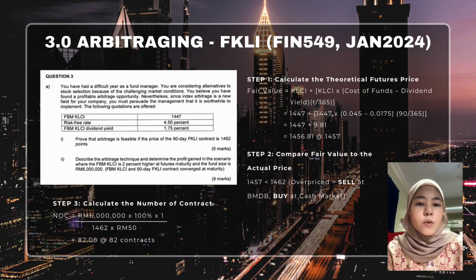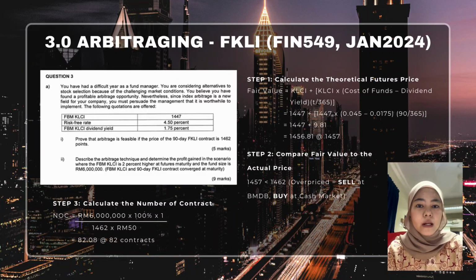Fair value equals to FBM KLCI price 1447 plus in bracket 1447 again times with the cost of fund, which is risk-free rate in the table, 0.045 minus dividend yield 0.0175 and times 90 days over 365. So the answer is 1457.